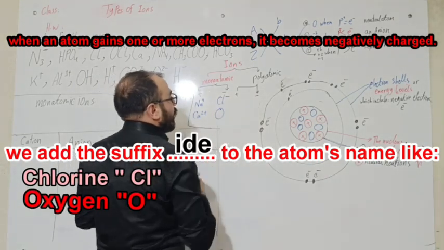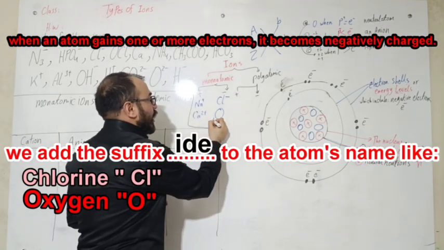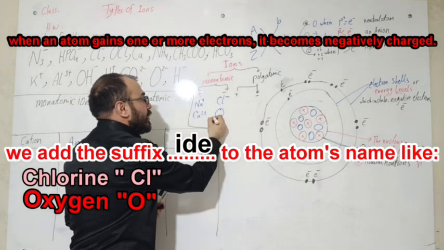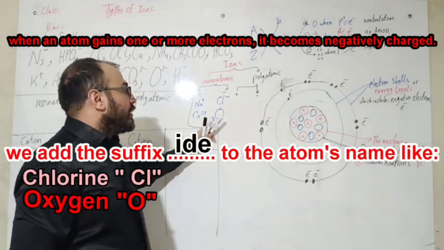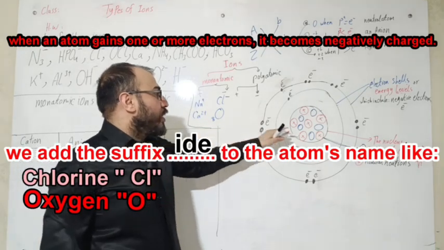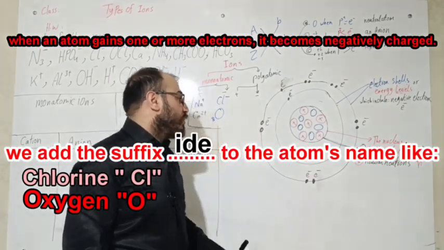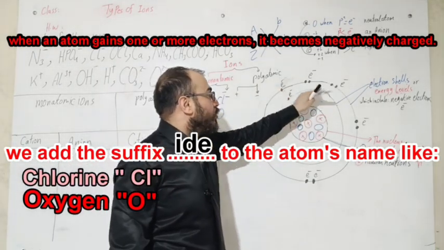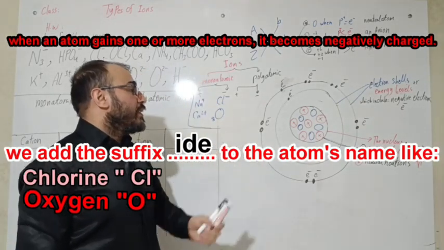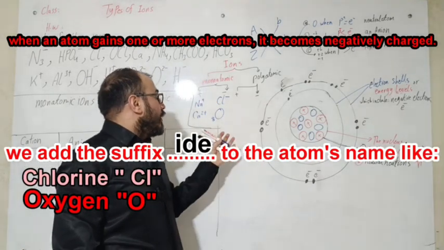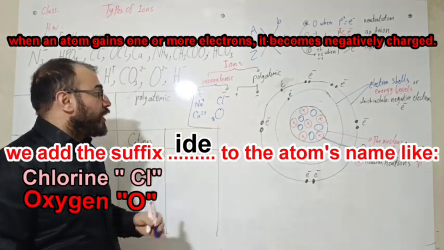For oxygen, again, let's say the atomic number is 8, meaning that in the atom of oxygen there are 8 positive protons, and in the electronic shells there are 8 electrons, and the oxygen atom is neutral.